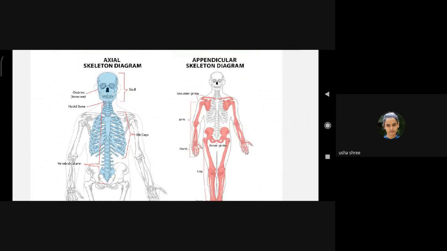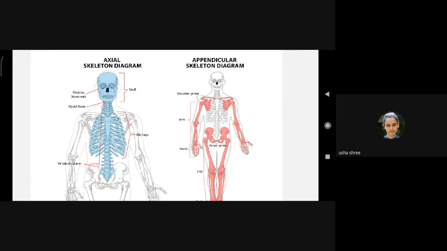This blue color is depicting our axial skeleton. So, first of all, skull bones, then our facial bones, then the hyoid bone. Hyoid bone is 1 in number and it is depicted differently.